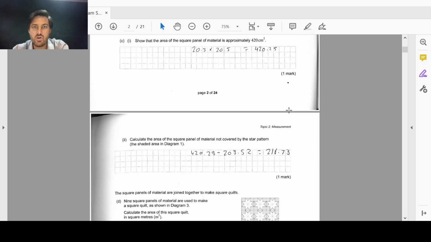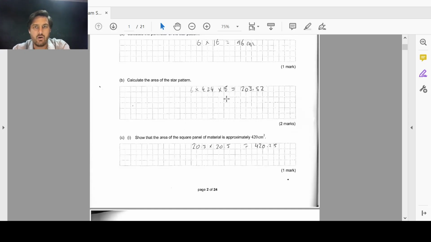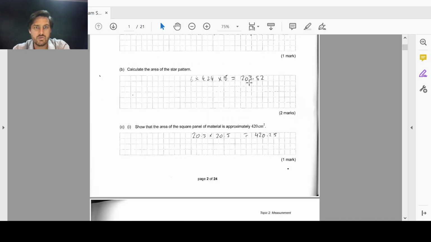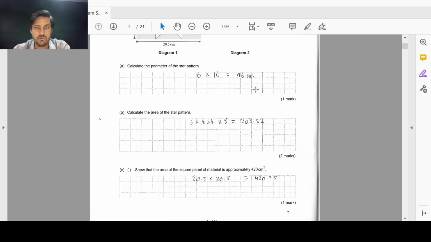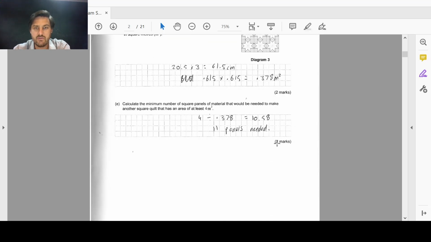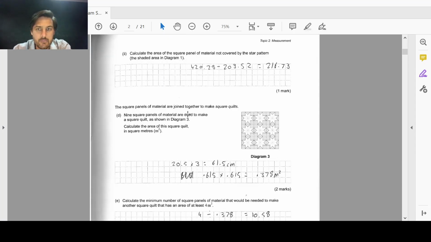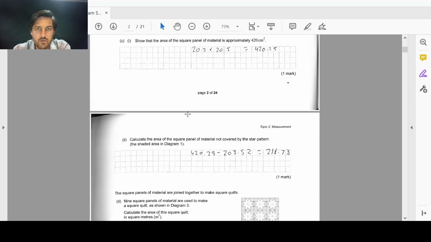So we know that the area of one of the square panels is 420.25 centimeters squared. And then what we've got to do there, I don't think I did the right thing.